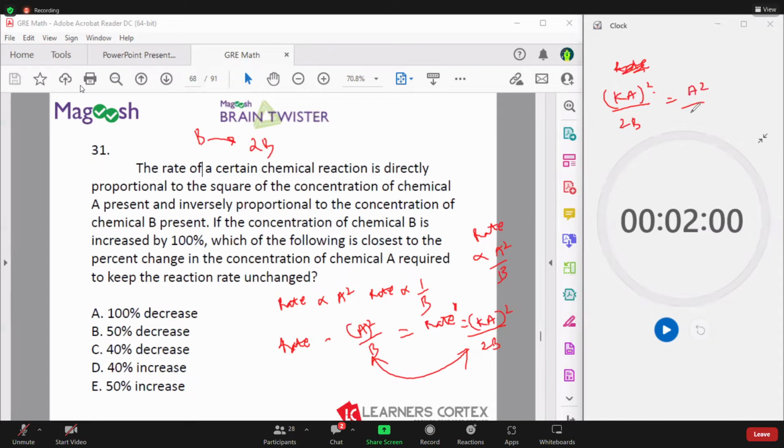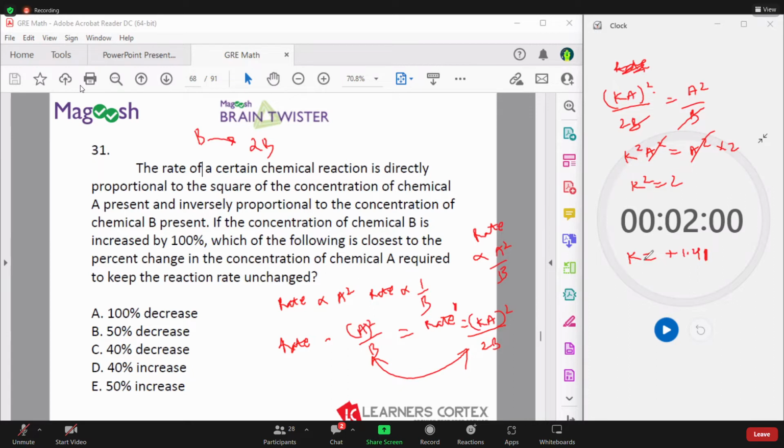So we find the value of K over here, which K square equals to... and K becomes 1.44. So the new value of K is 1.44. Initially it was 1.